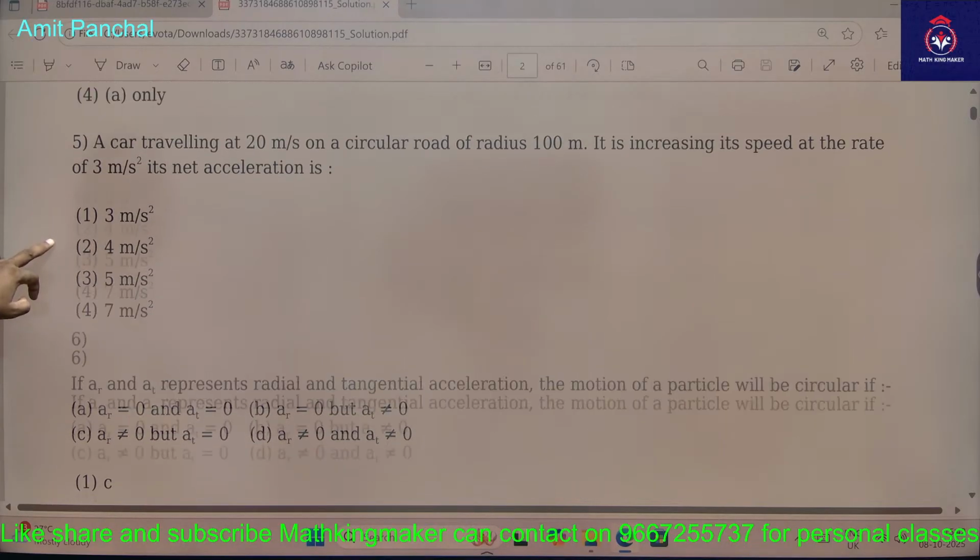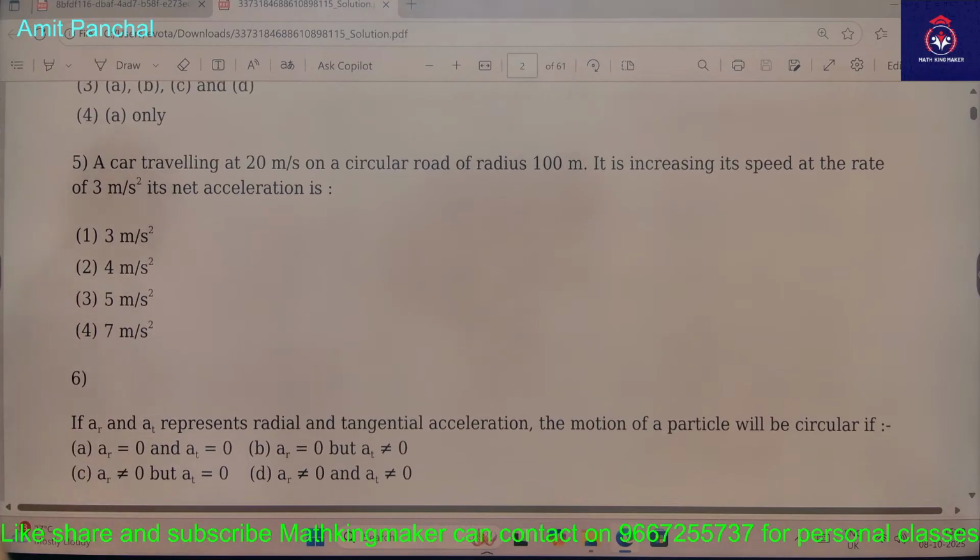Okay, just now do the fifth one. It is increasing its speed at the rate of 3 meters per second square. It's net acceleration. Fifth one is also very simple.